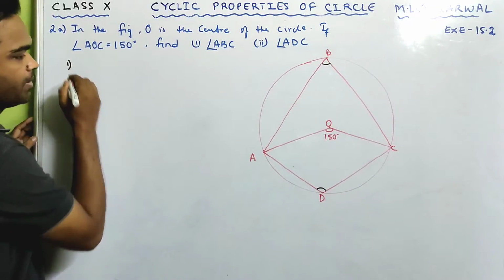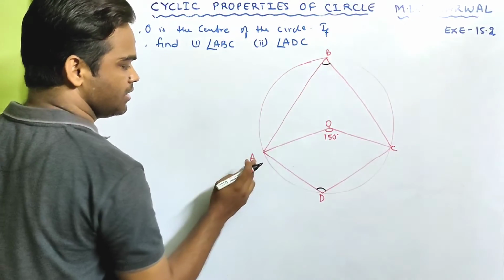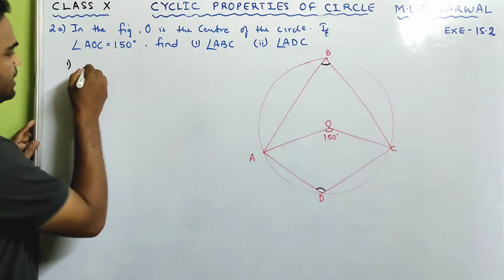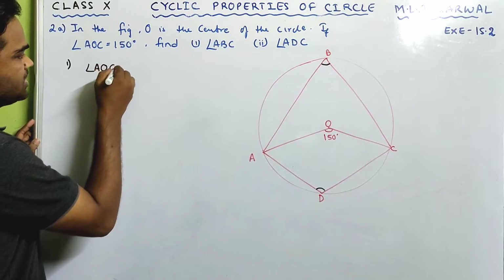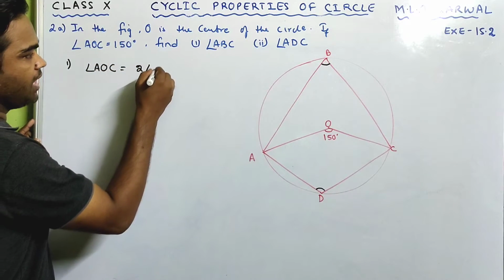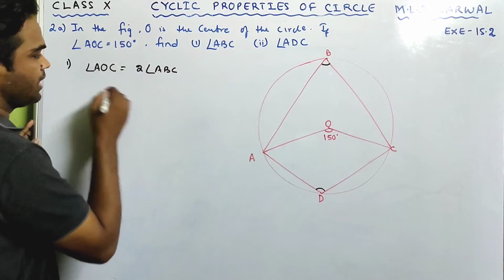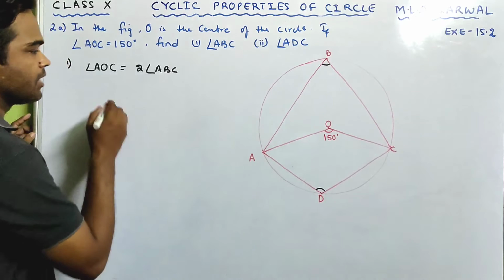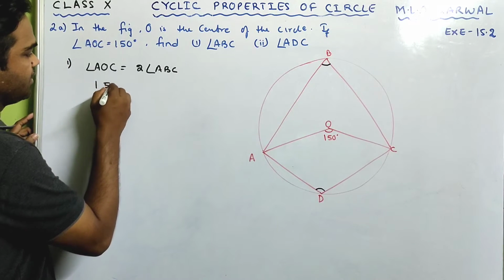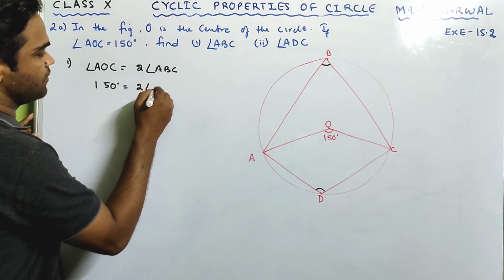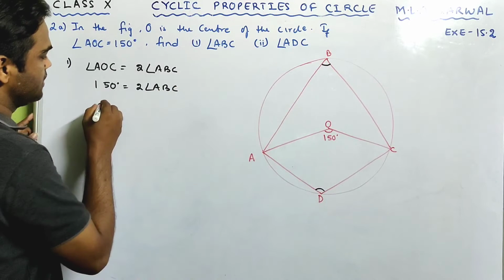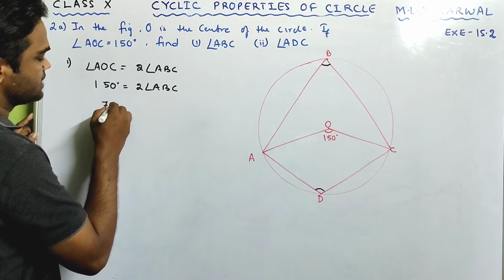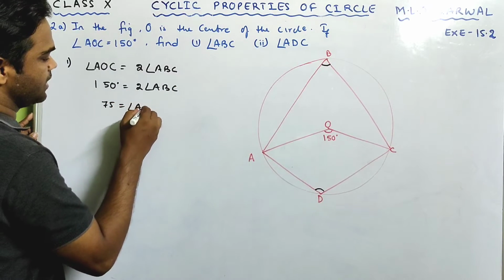Using the angle property, we can say angle AOC will be twice of angle ABC. Angle at the center is twice the angle at circumference, which means 150 degree is equal to twice of angle ABC, which means 150 by 2 is 75 equals angle ABC.